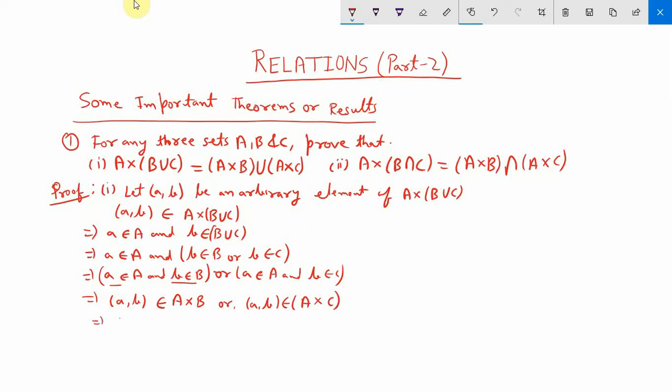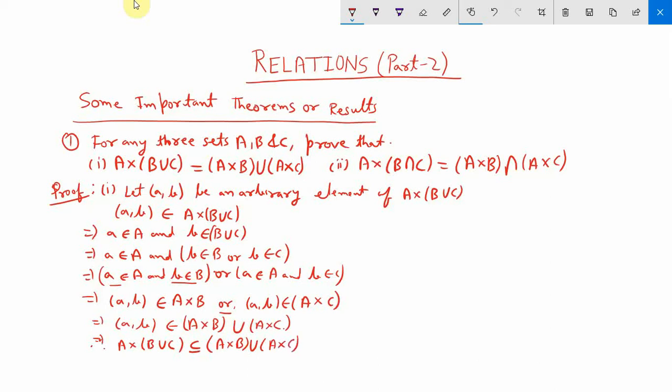From this we may write (a, b) is an element of A cross B, since here it is or, so we will write union A cross C. So it implies, or from this we can deduce that A cross (B union C) is a subset of (A cross B) union (A cross C).